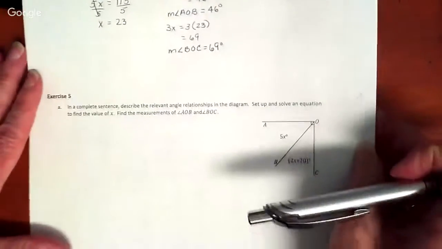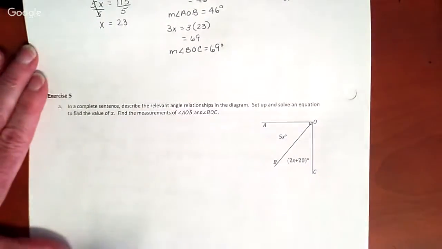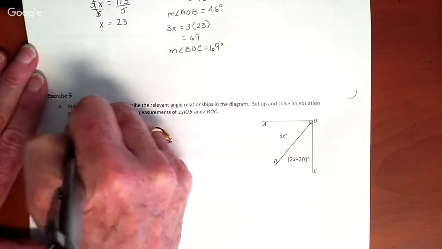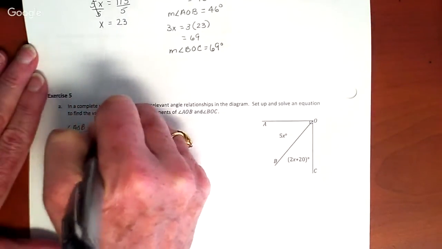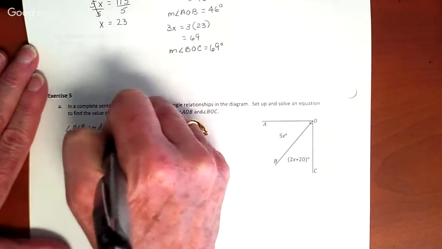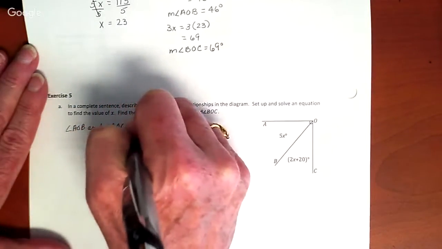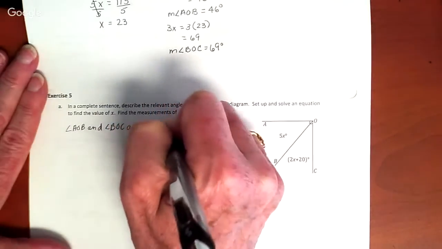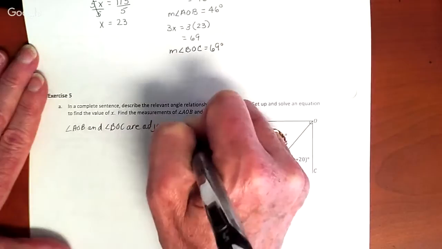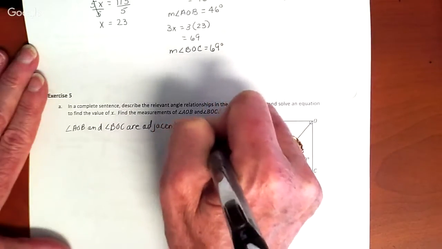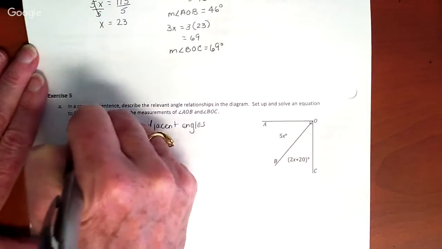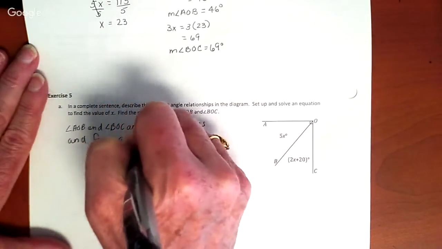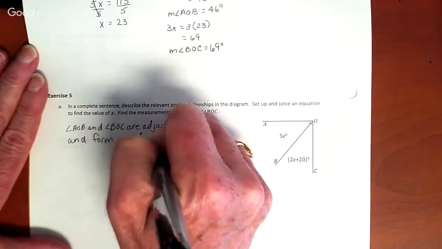Our last problem. In a complete sentence to describe this, we have angle AOB and angle BOC are adjacent angles and form a 90-degree angle.